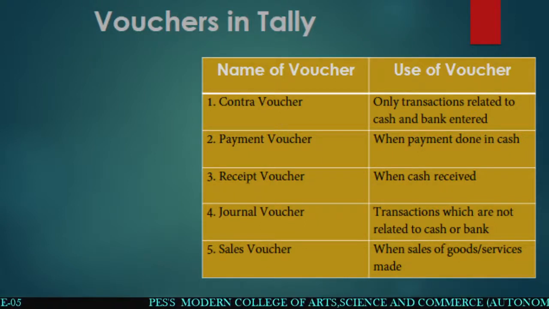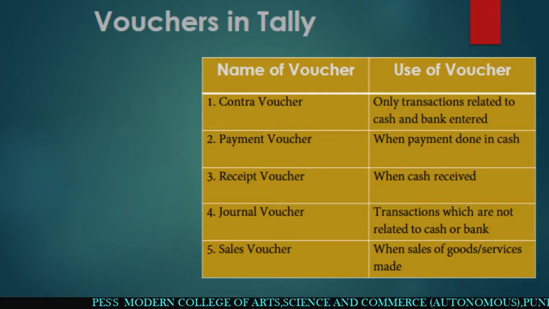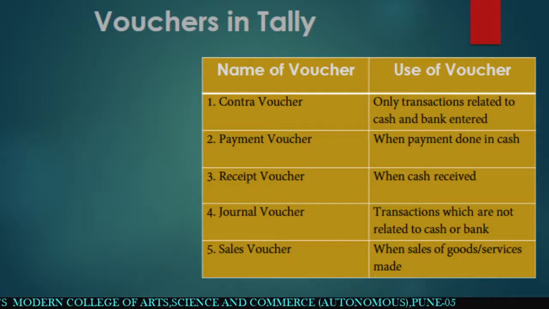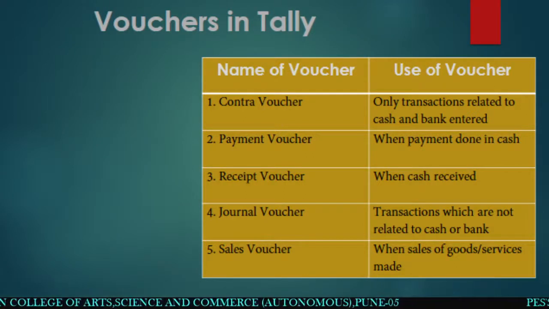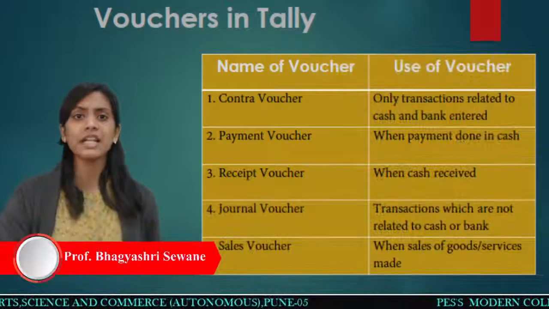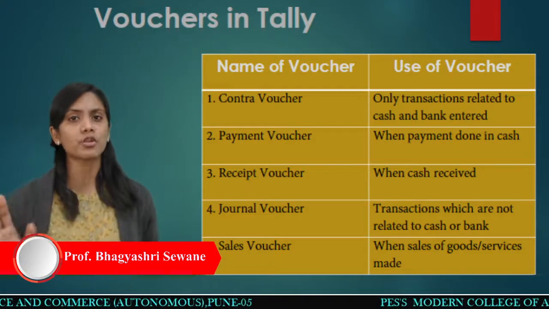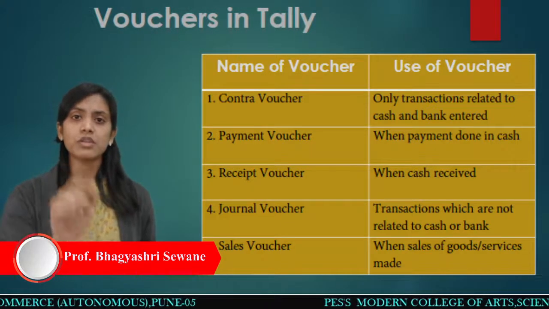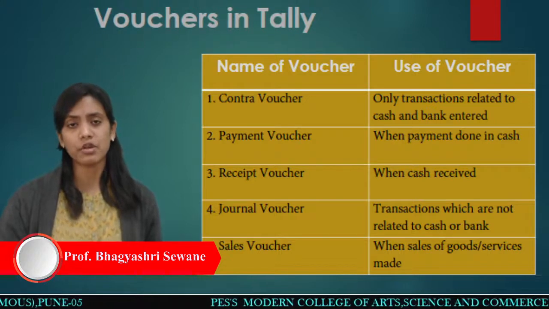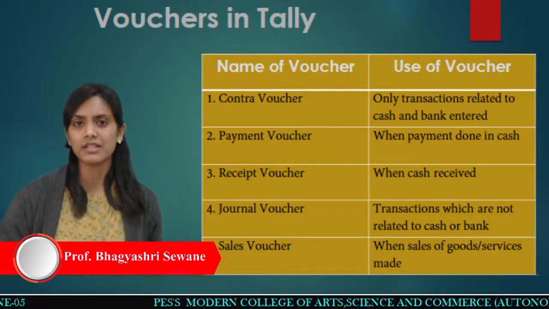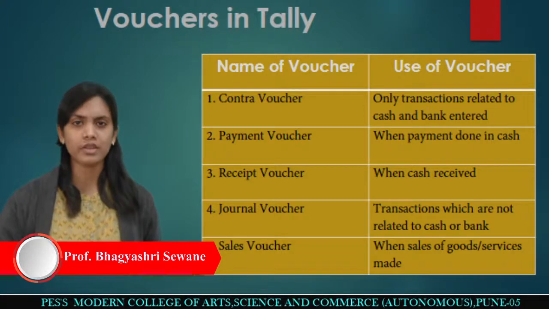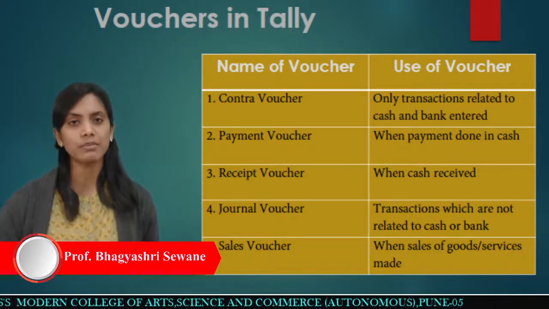In the payment voucher there is a scroll down list, and in that list there will be the payments, like electricity and telephone, and those are going to be debited only. If you mistakenly debit the cash, that is not going to be accepted and Tally will show you the error. That is one of the advantages, because even though we haven't cleared our basics right now, we can make the right entries over there. So this is about the payment.